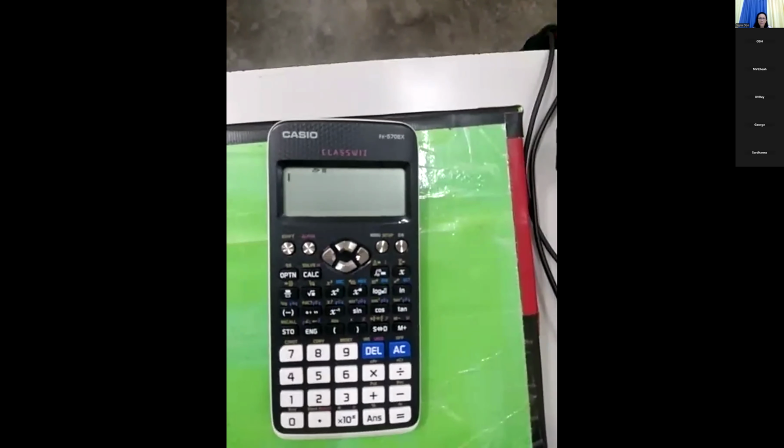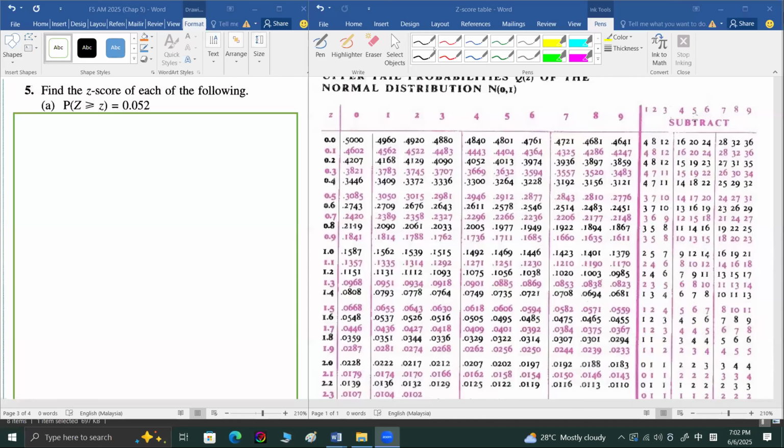Okay, class, get ready. Listen to me, especially you who are using the MS one, because you can't get this from your calculator, only the EX. So I show you manually first, class. Now you are given the probability. Find Z. Can you see that?